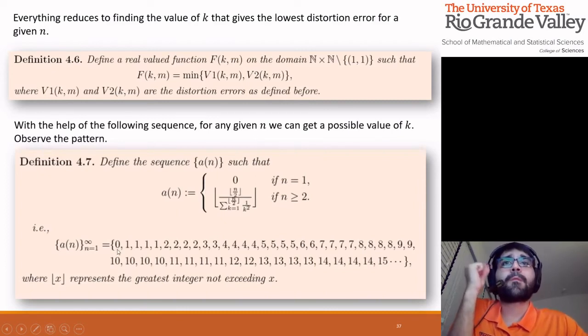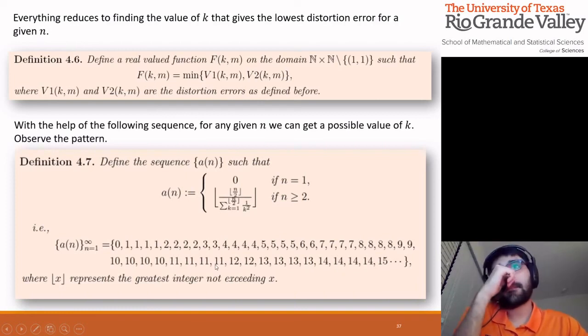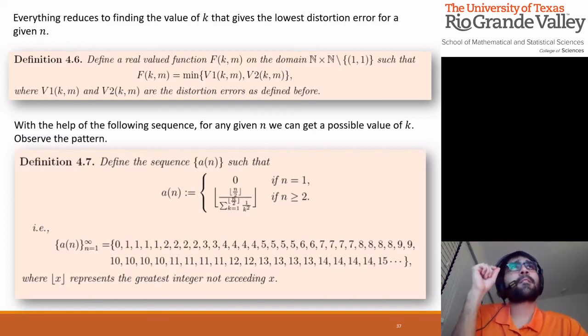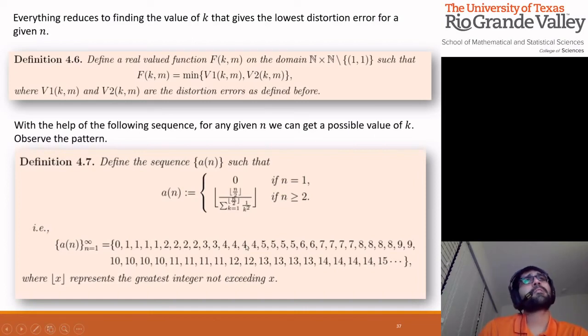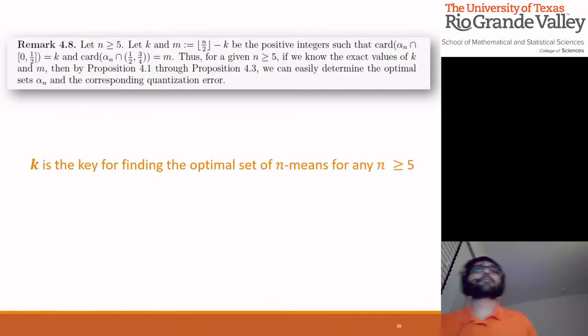So 1, 2, 3, 4, 5, 6, 7. The initial guess for k is 2, which in fact is correct. But let's not get confused that this is going to give us the actual value of k. We're going to have to run an algorithm to check if this is true or not.